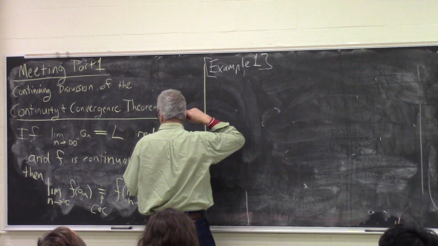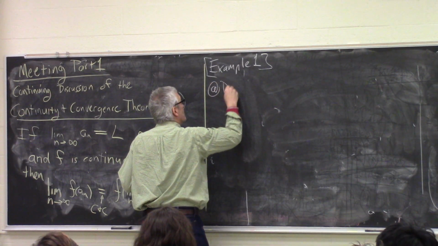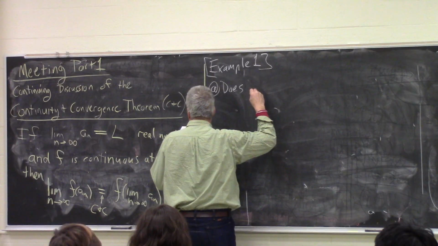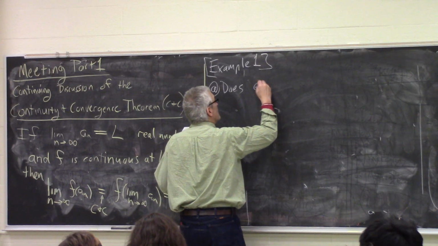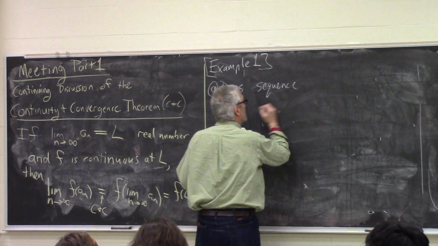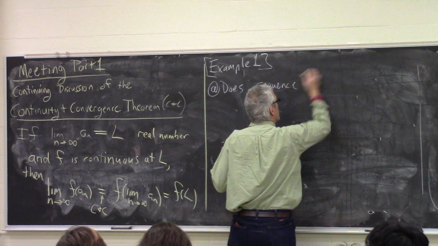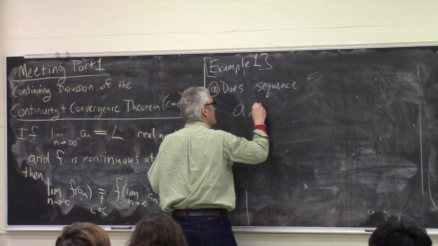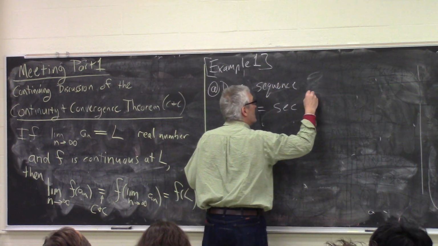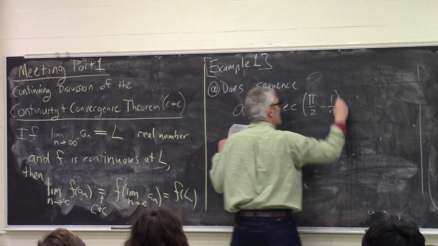Does the sequence a subscript n equals secant of pi over 2 minus 1 over n converge?